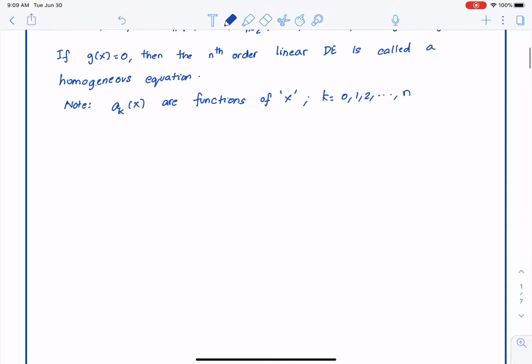So homogeneous equations simply have g of x equal to 0.